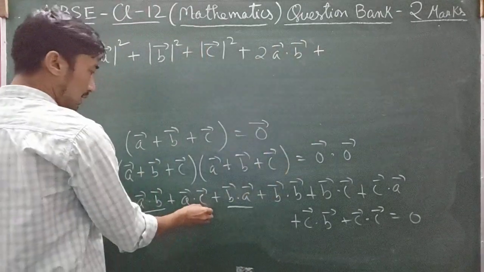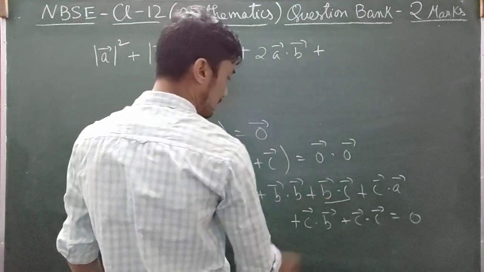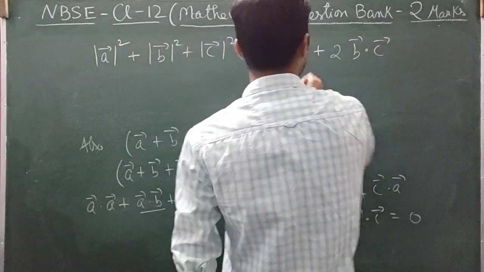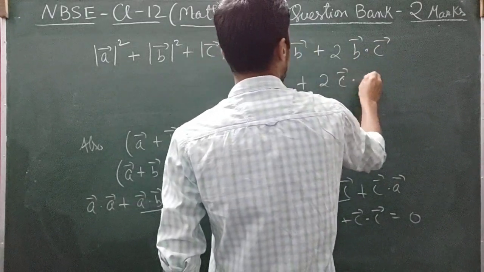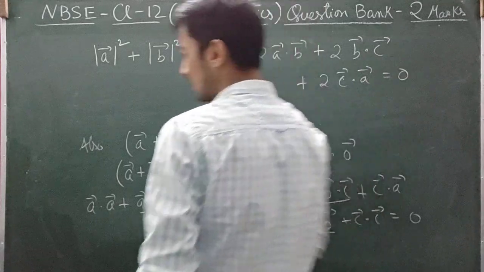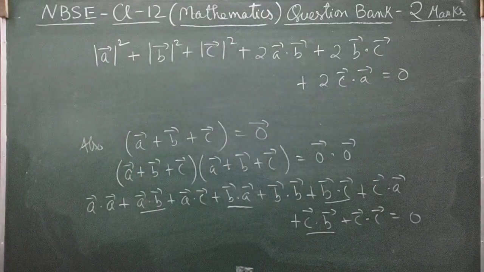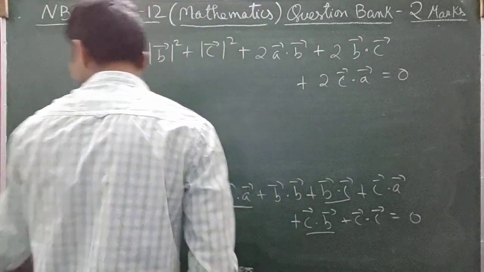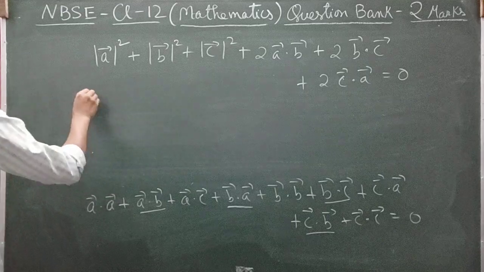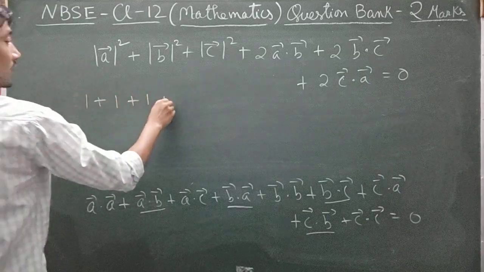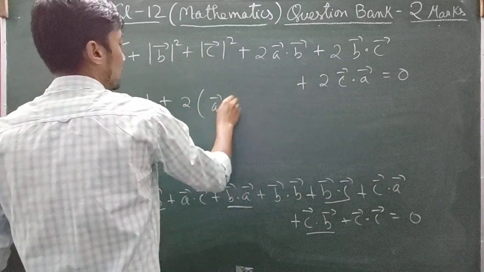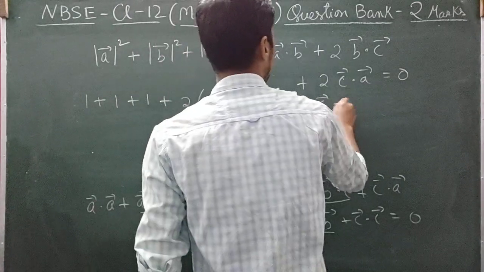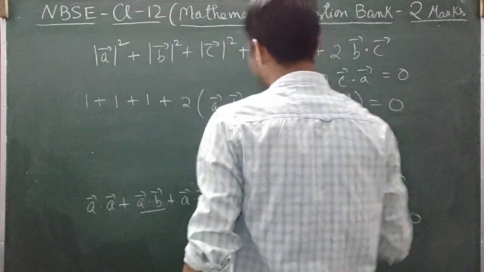Similarly, b dot c and c dot b are also the same, so twice b dot c plus twice c dot a. Remember that only in cross product will these values differ; dot product doesn't, because it's just about magnitude only. So this value is 1, this is 1, this is 1, plus twice (a dot b plus b dot c plus c dot a) is equal to 0.